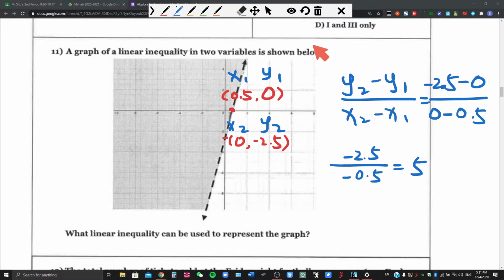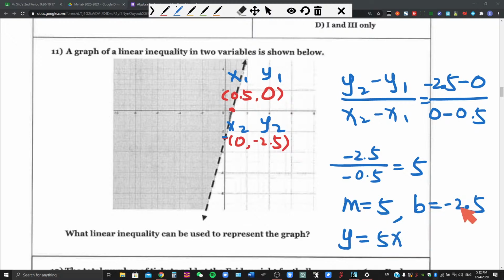And if we know the slope, we actually also know the intercept. Slope is 5. Intercept is negative 2.5. It's here. B is negative 2.5. Then if we write out the formula, it's y equals mx plus b, m is 5, so 5x plus b, negative 2.5.